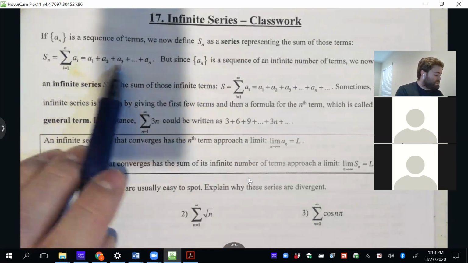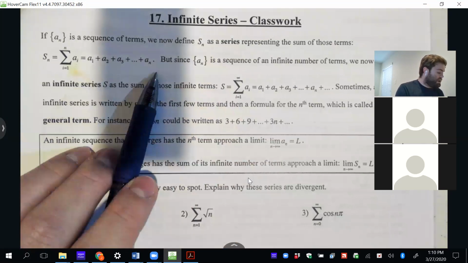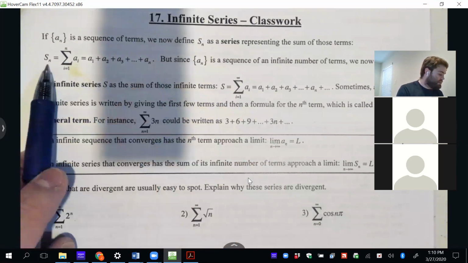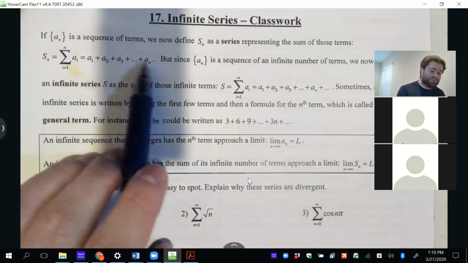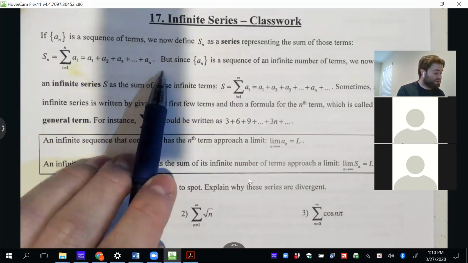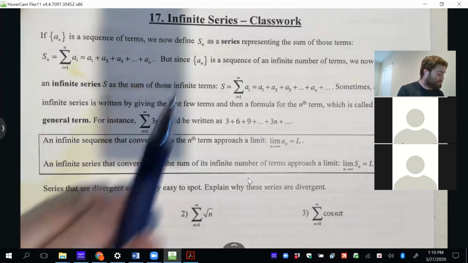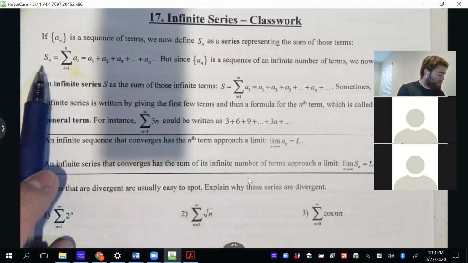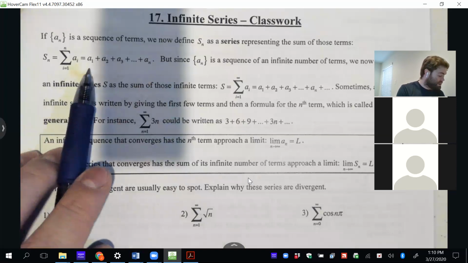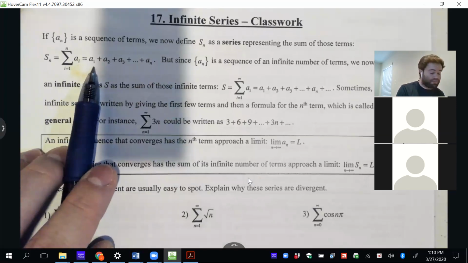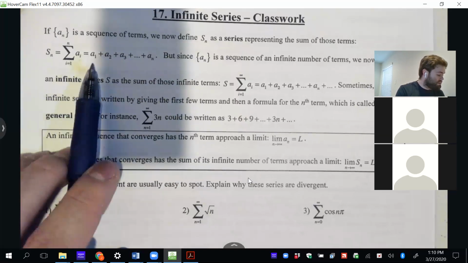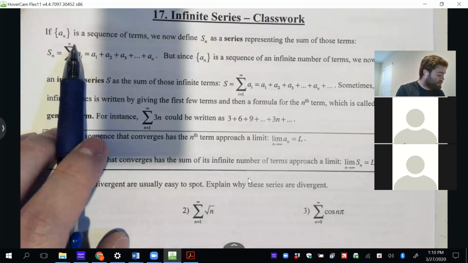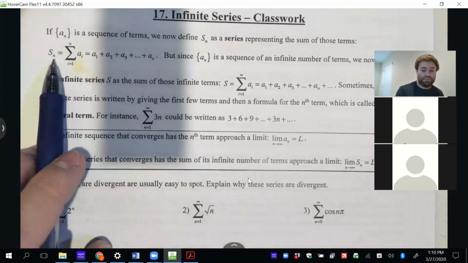The subscript again represents whatever number you are on in the sequence. S sub n is the summation of all of those numbers in the sequence until you get to the nth term. It could be the sum of the entire sequence as n goes to infinity, or just the sum from a sub 1 until a sub n, where n could be some very specific number.